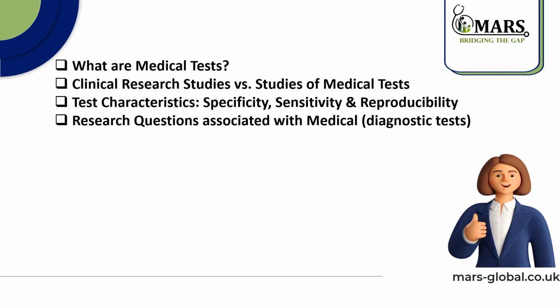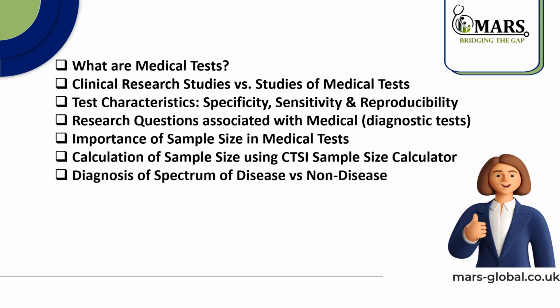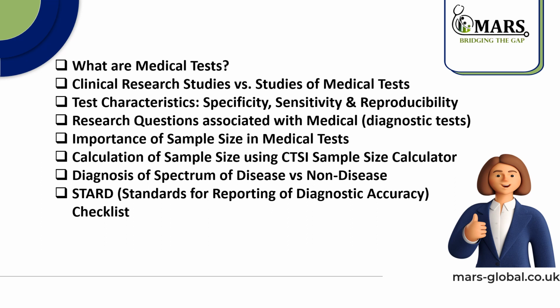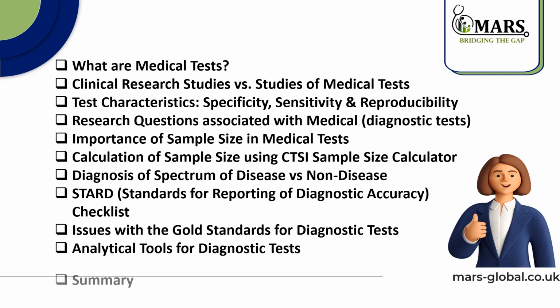Research questions associated with medical or diagnostic tests, importance of sample size in medical tests, calculation of sample size using the CTSI sample size calculator, diagnosis of spectrum of disease versus non-disease, the Standards for Reporting of Diagnostic Accuracy checklist, issues with the gold standards for diagnostic tests, analytical tools that are used for diagnostic tests, and then the summary.